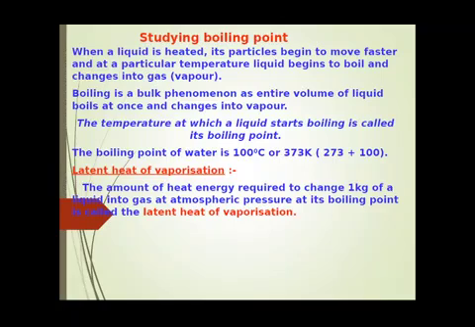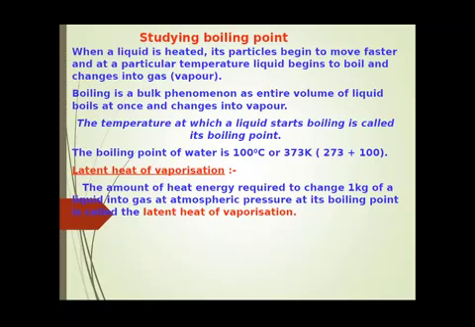When water particles are heated further, they start moving faster. Now the kinetic energy of the particles of water also increases and they start moving much faster. Again, a temperature is reached when these particles overcome or break the force of attraction among them.